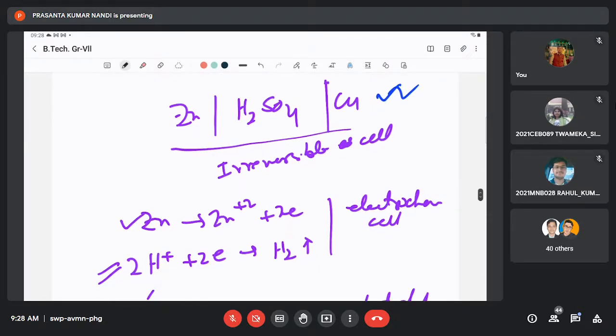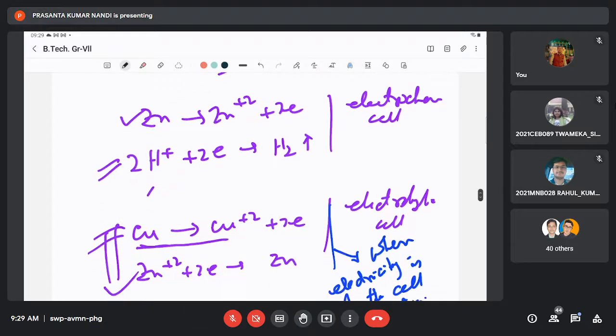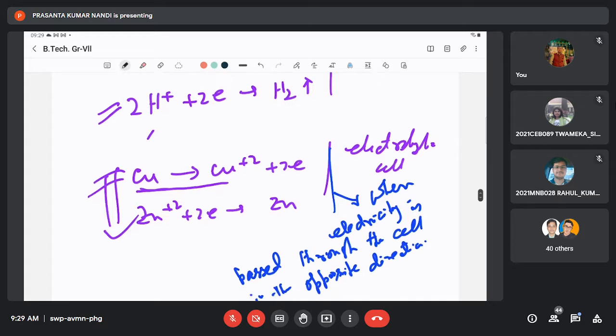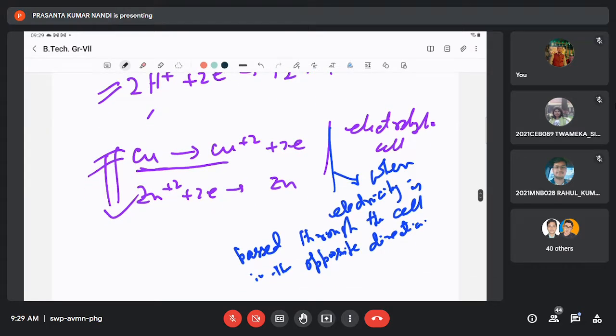So hydrogen will evolve along the electrode surface on the right hand side, whereas the zinc rod will gradually decay. Now, when electricity is passed through the cell in the opposite direction, what will happen?